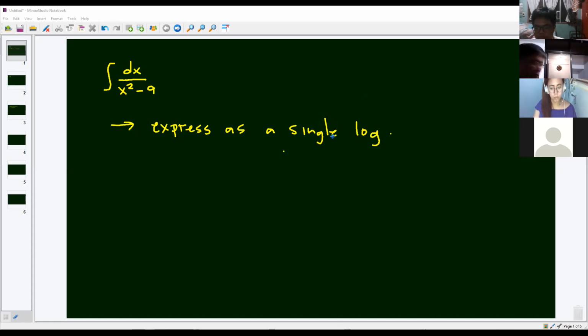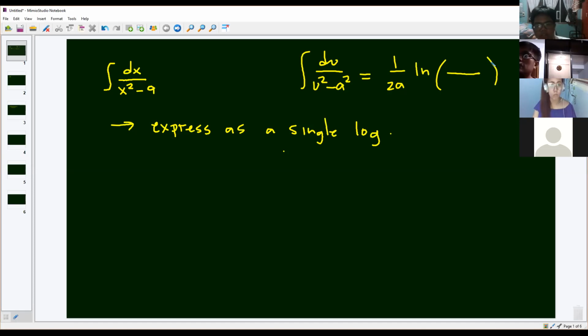So okay, done. Now, bakit ko pinapa-express as a single log? This is actually an integrable form, guys. This is the integrable form du over u squared minus a squared, and this is 1 over 2a ln of the fraction u minus a over u plus a plus c.